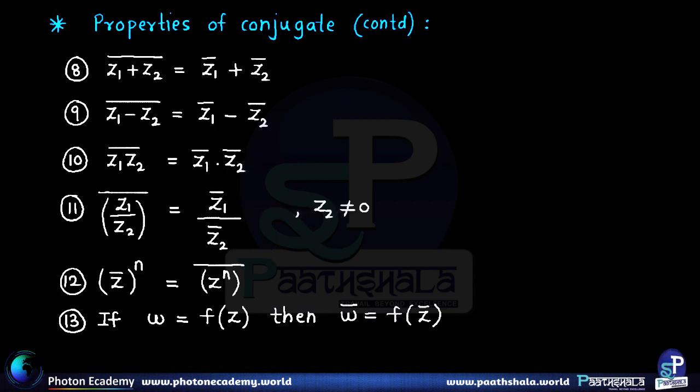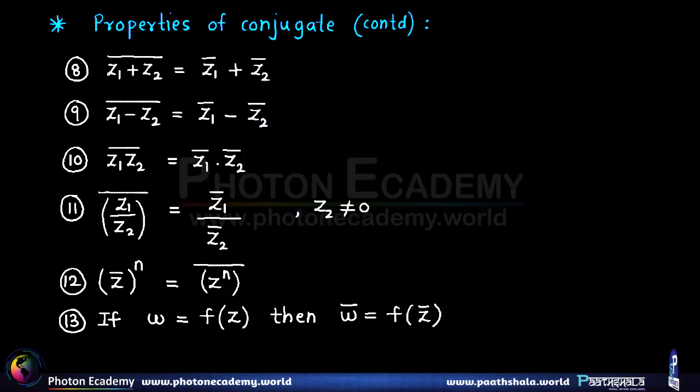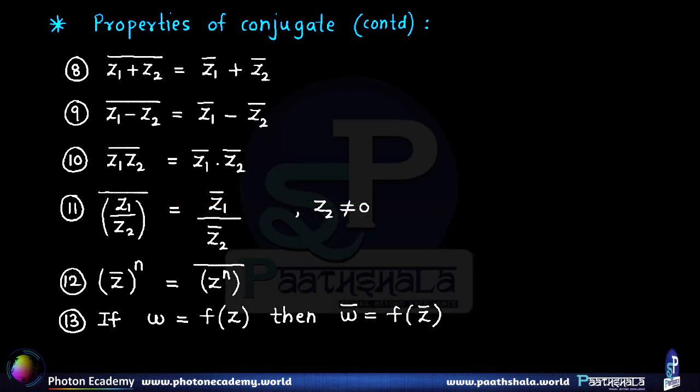Now if we compare 8, 9, 10 and 11, they give us the properties related to the conjugate of addition, subtraction, multiplication and division of two complex numbers, and it is straightforward. The conjugate of addition is nothing but addition of conjugates, which is property number 8. In the 9th, the conjugate of subtraction is the conjugate of z1 minus the conjugate of z2.